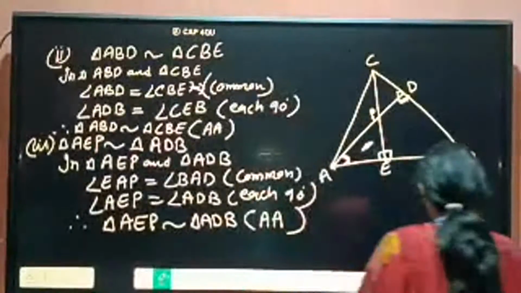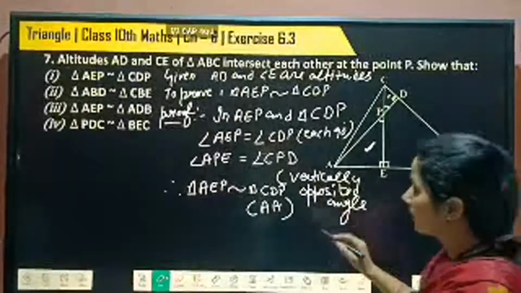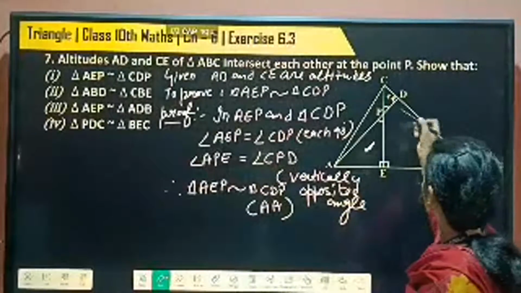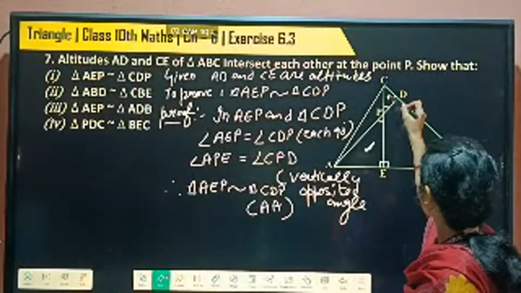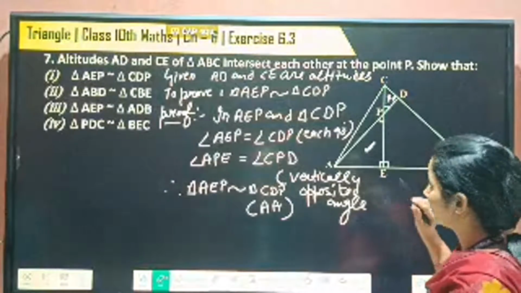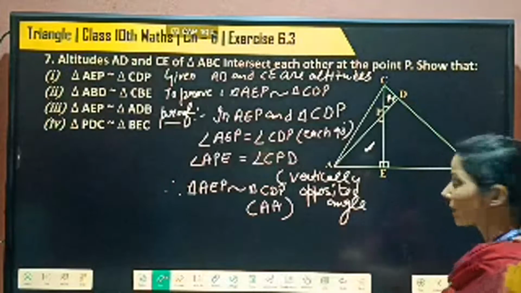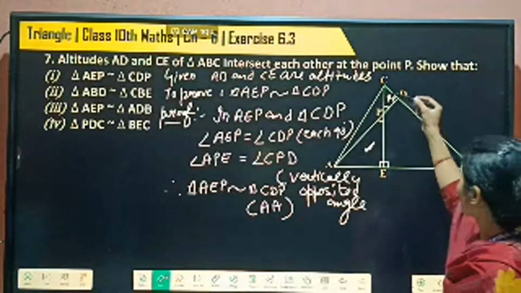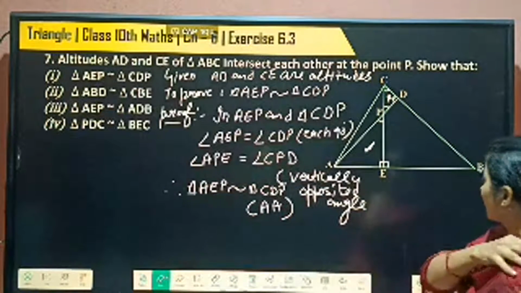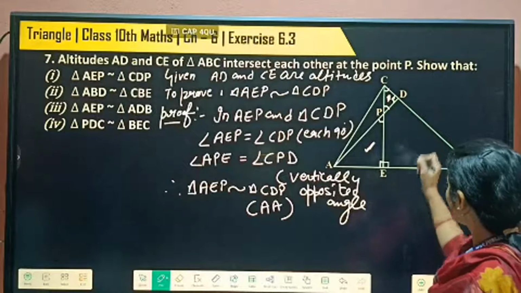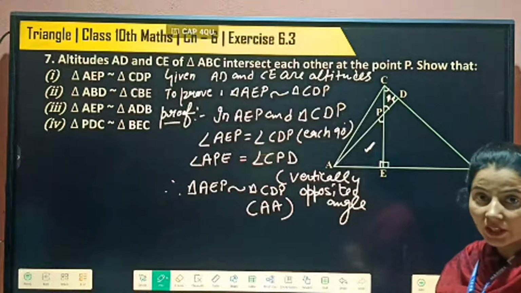Now, fourth part, triangle PDC, this one triangle, and BEC. These two triangles we have to prove similar. You will see this angle C is common in both triangles. Angle C is common, and angle D equals angle E, each 90 degrees.